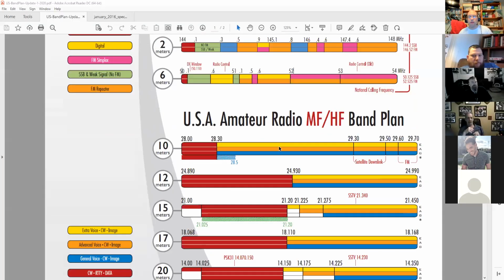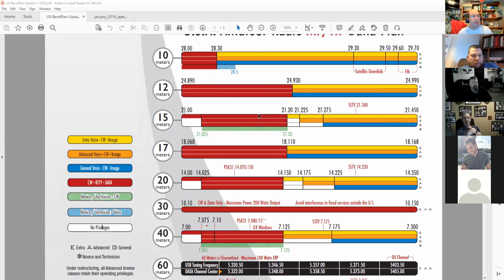Well, here's the thing about the general exam. The big difference you'll see, if you look at this right here, is that the frequency allocations available to the general essentially add HF. You have to know your frequencies, your band edges, power limits, and maximum bit rates and things like that.